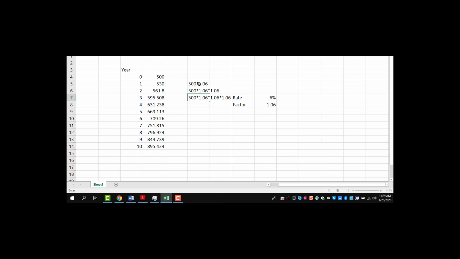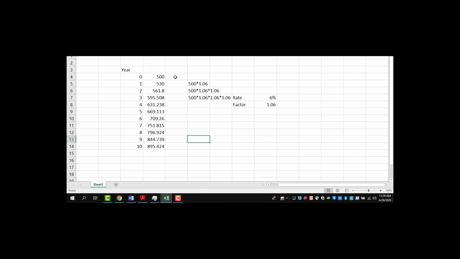All right? It's just displaying what this number is, and then it's using this number and increasing it by 6%. But you can see how repeated multiplication can be seen as exponentiating, right?